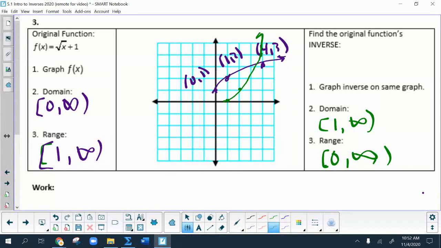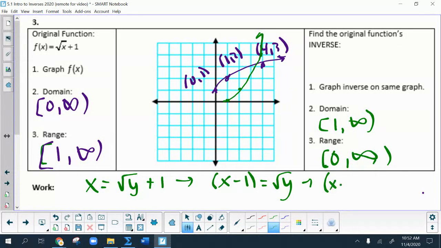This is an example of a problem where I like to do the domain and range first for both of them, because then I won't graph my function incorrectly, or I won't think of it incorrectly, because after we solve it, you're going to see that a lot of people will make a mistake on the domain, because here we are. When I square this out, I get x minus 1 squared equals y.